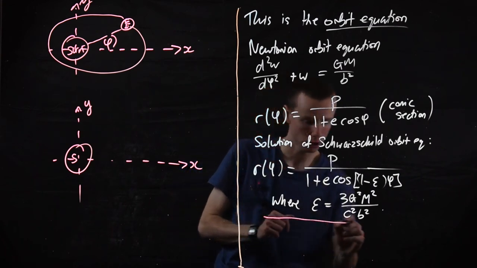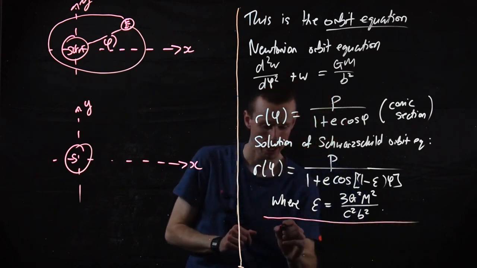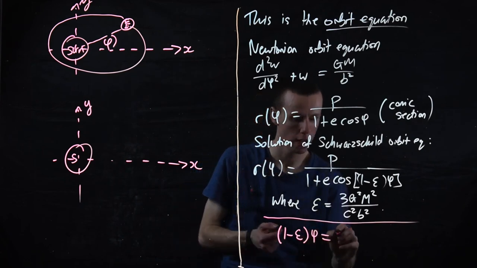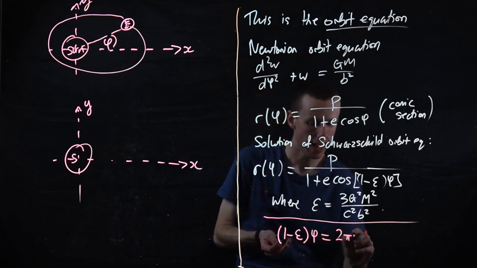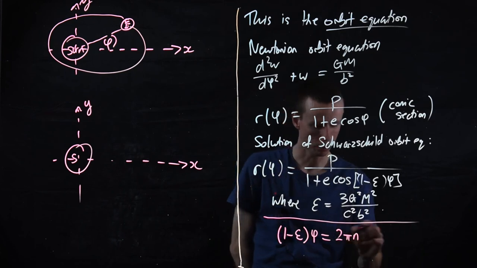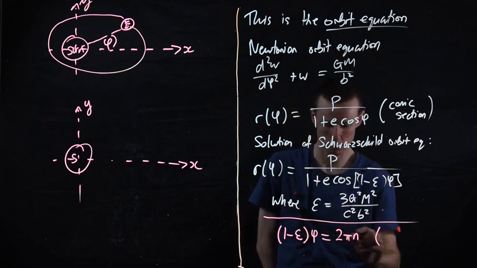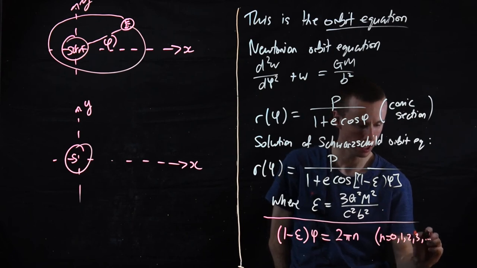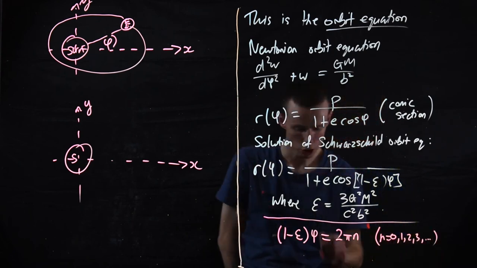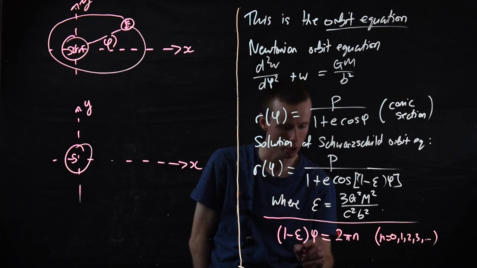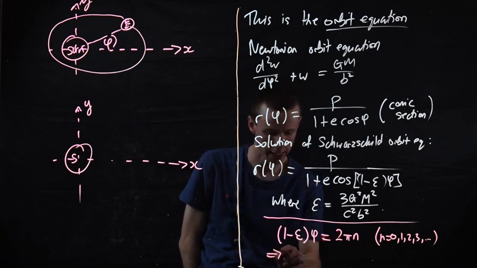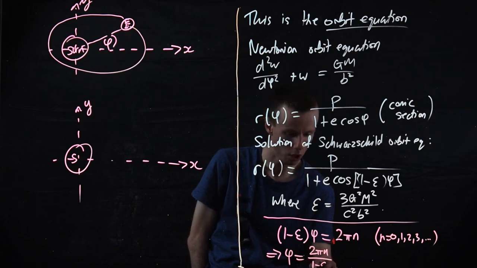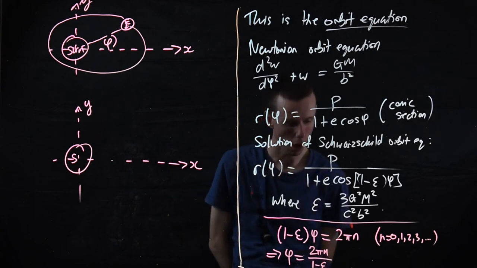So let me just do this as a little aside. If you have (1 minus epsilon) phi equal to some integer multiple of 2 pi, you can just start from 0, so n equals 0, 1, 2, 3, and so on. What values does that give for phi? Phi will just be 2 pi n divided by (1 minus epsilon).